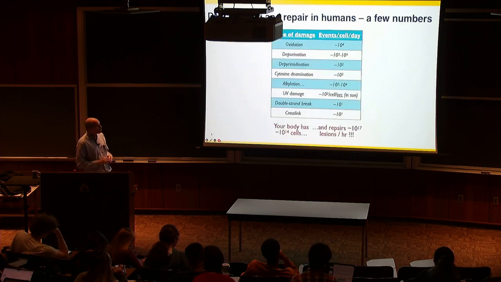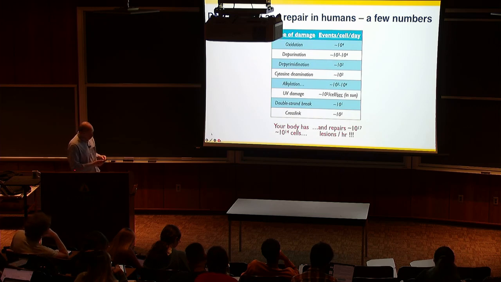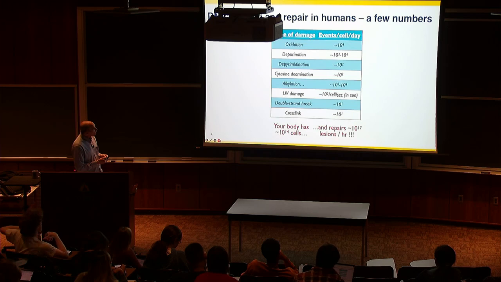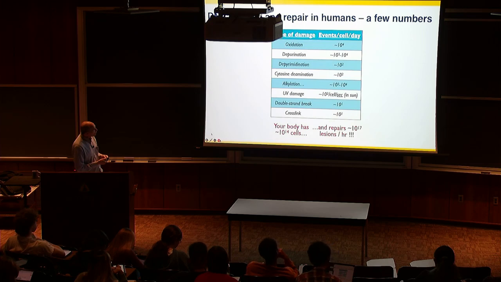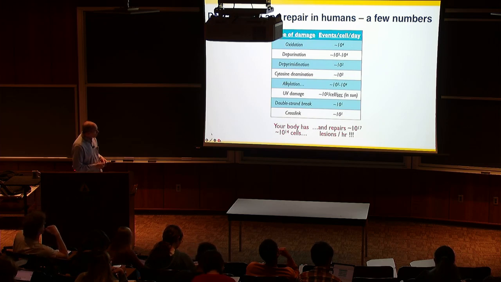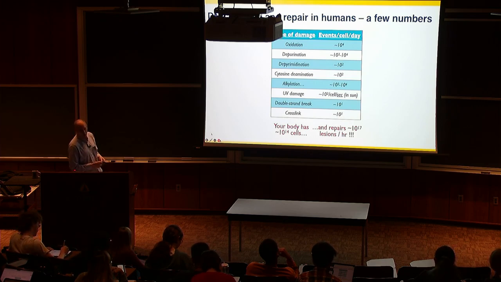So just to sum up, since now it's been an hour and a quarter, we have in us about 10,000 oxidation events per cell per day, somewhere between 1,000 and 10,000 depurination events per cell per day, and then all these other events, alkylation events and so on, so that in the 10 to the 14 cells in our bodies, during this roughly 1 hour lecture, we have all had about 10 to the 17 DNA lesions.